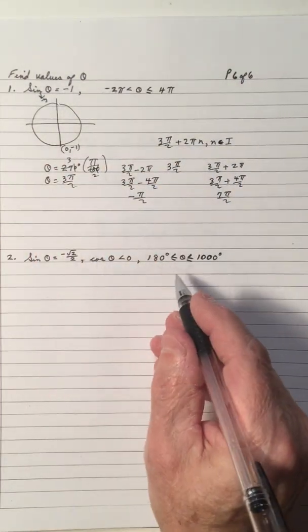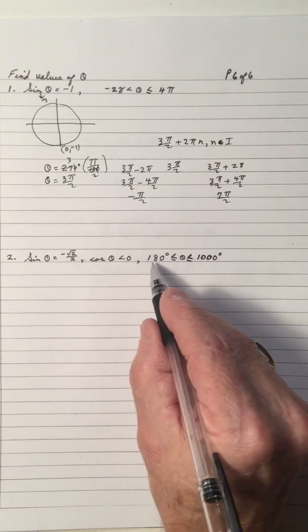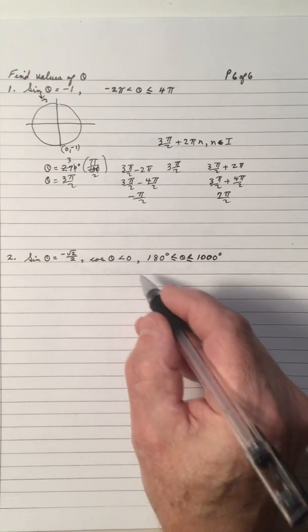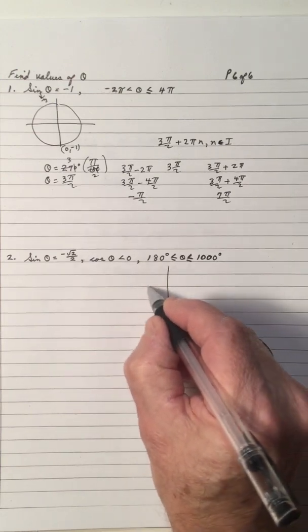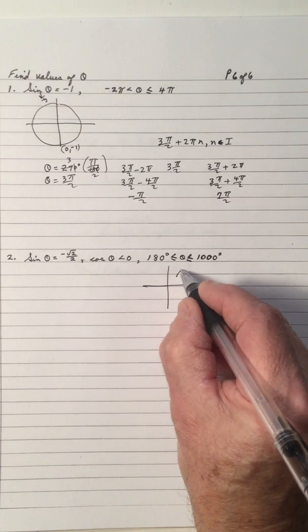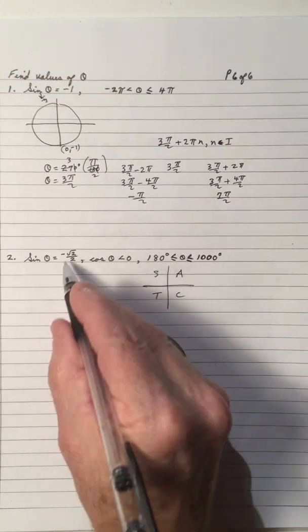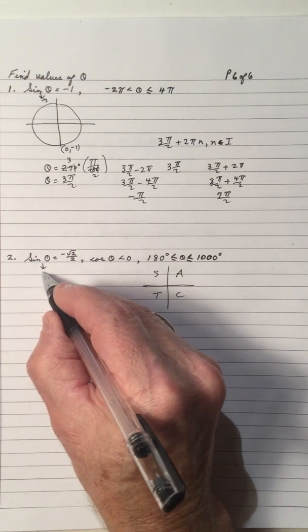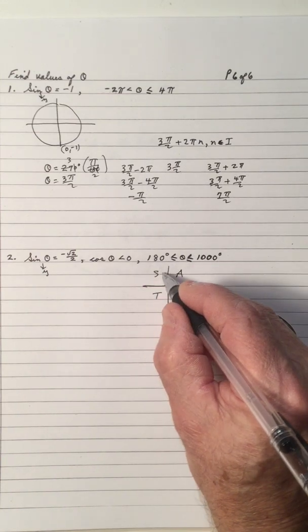And one more. We want the answers in degrees between 180 and 1,000. So let's see where we are. Add sugar to coffee. Sine is negative. Sine is the y. Sine is positive in 1 and 2.